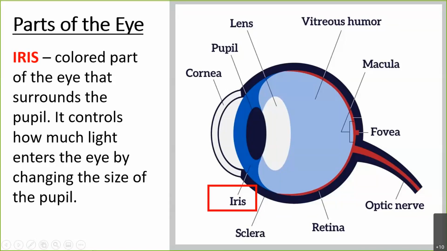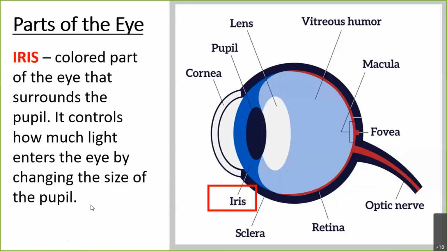And usually you can't see too well when that's happening and you look kind of funny. You could Google pictures of dilated eyes. You kind of look like a little bit of a zombie for a couple of minutes, but it's very cool.